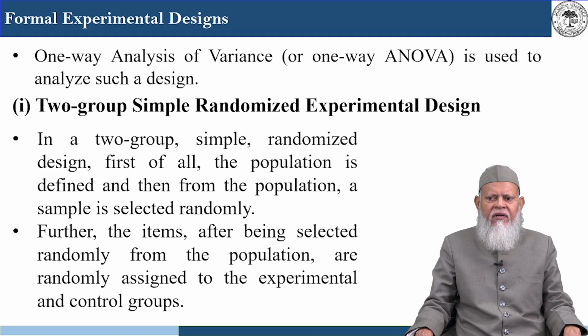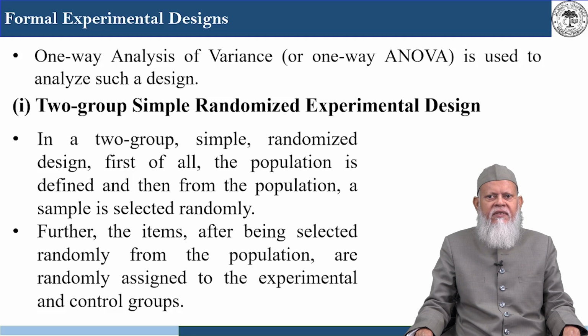Why one is adopting a particular sample design has also to be satisfied logically. Further, the items after being selected randomly from the population are randomly assigned to the experimental and control groups.